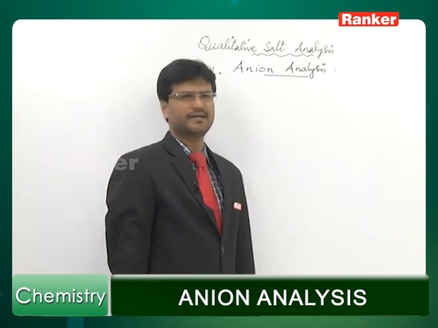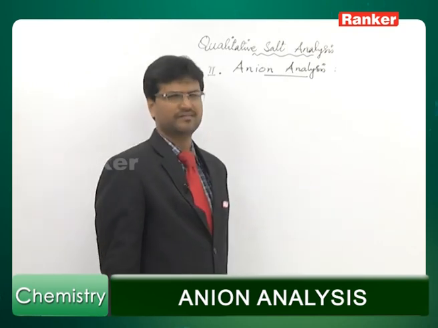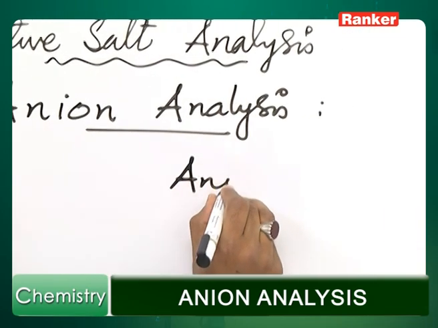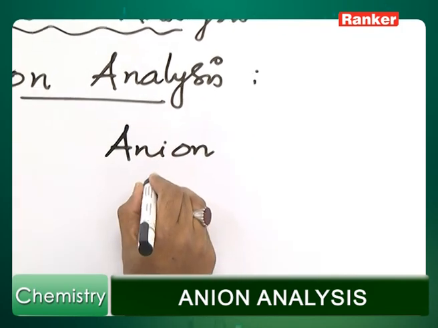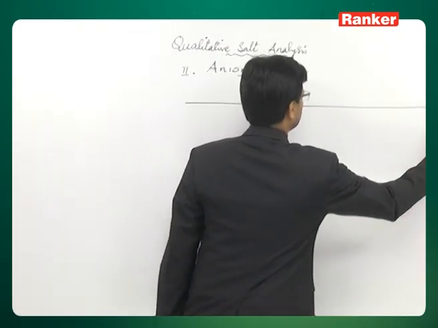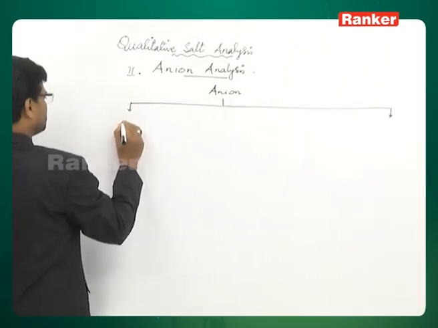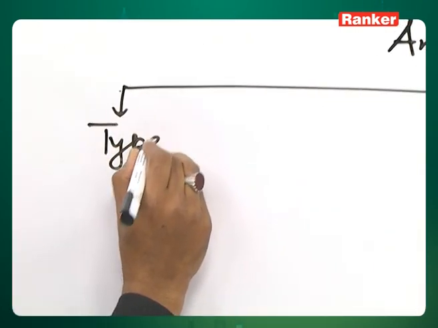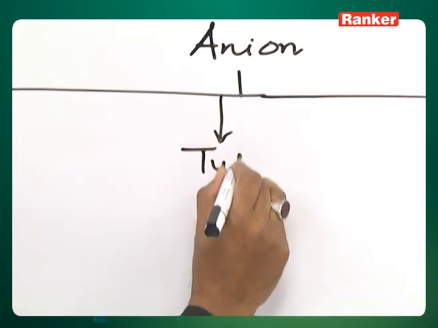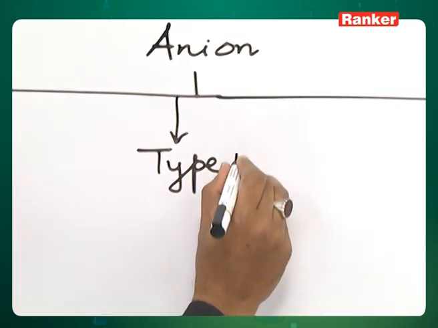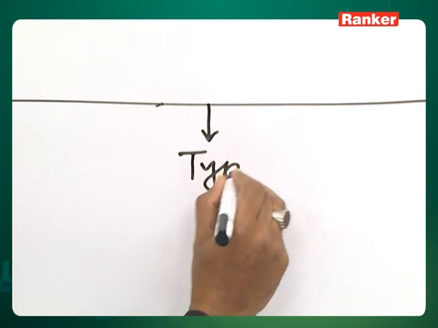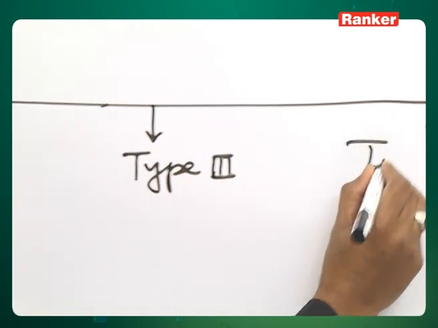For the sake of systematic analysis of anion, we classify anions into various types. Type 1, type 2, type 3 and type 4.